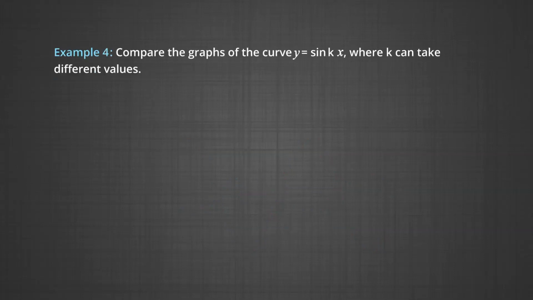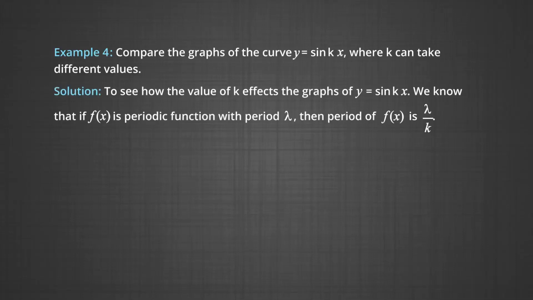In example 4, we will compare the graphs of the curve y = sin kx, where k can take different values, to see how the value of k affects the graph. We know that if f(x) is a periodic function with period lambda, then the period of f(kx) is lambda by k.